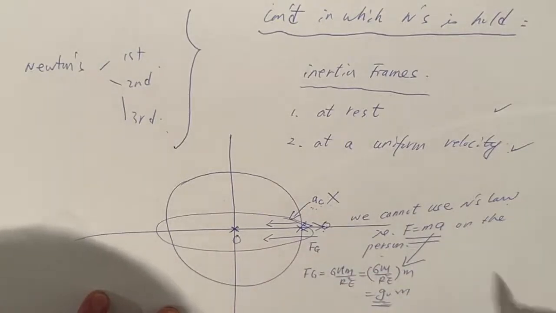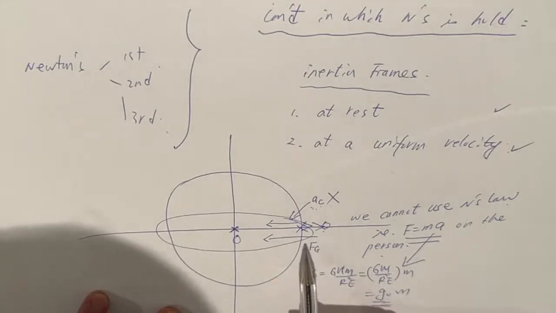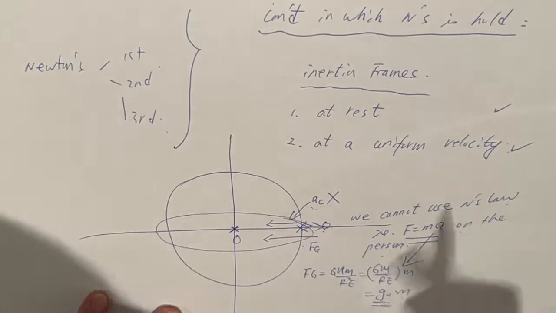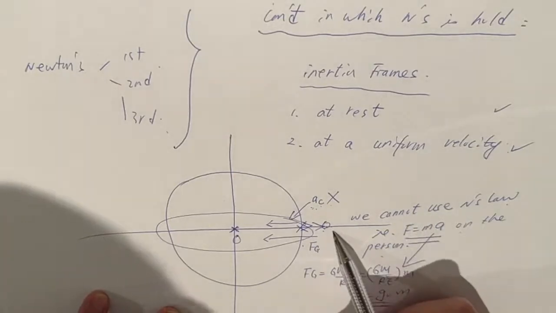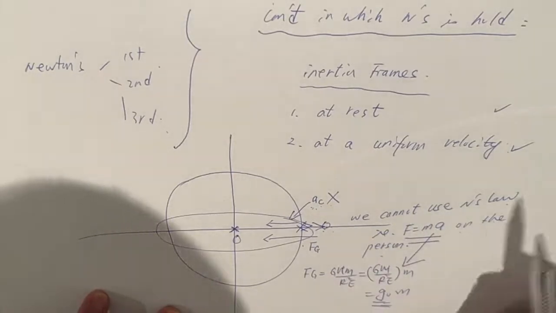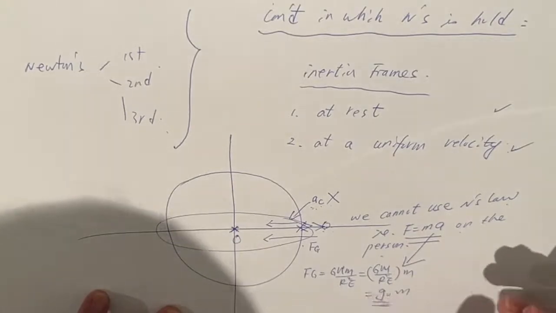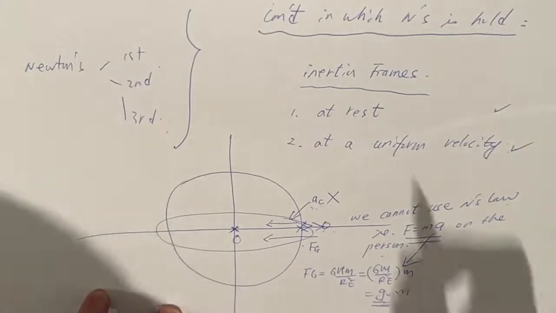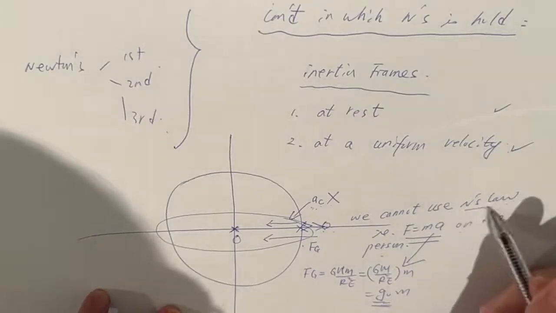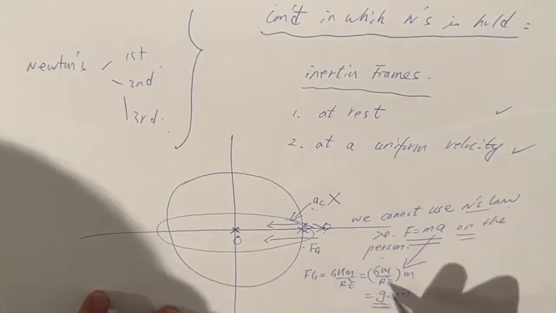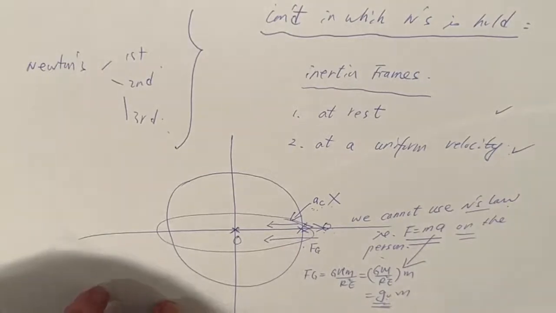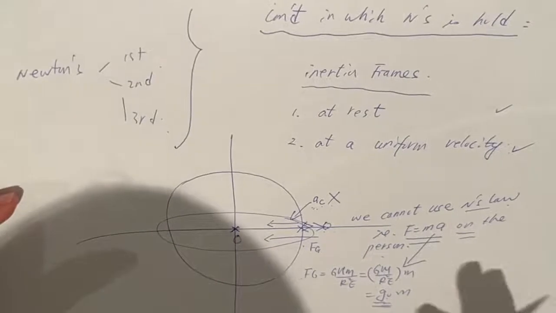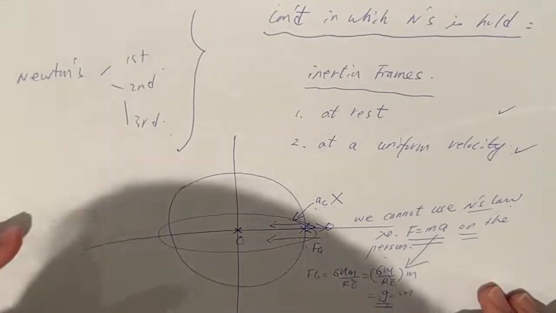So, it is a very typical common mistake made by students when they try to solve problems involving gravity on the surface. So, if we cannot use Newton's second law, then how can we find out the gravity? In order to solve this problem, actually, the method is not so difficult.